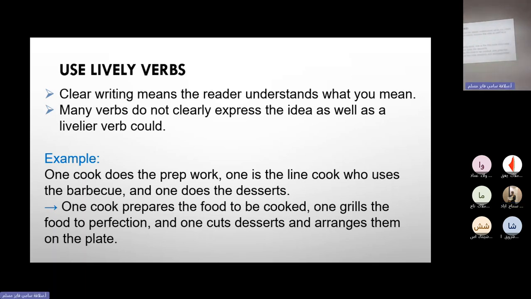Okay, what is the difference between the first sentence and the second? The first is listing. It gives us a list. One cook does the prep work. The one is the line cook who uses the barbecue. And one does the dessert.